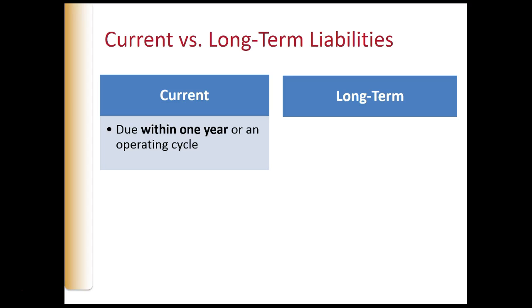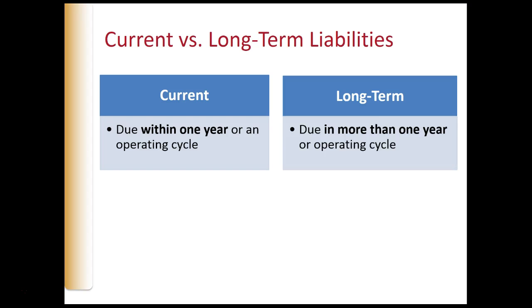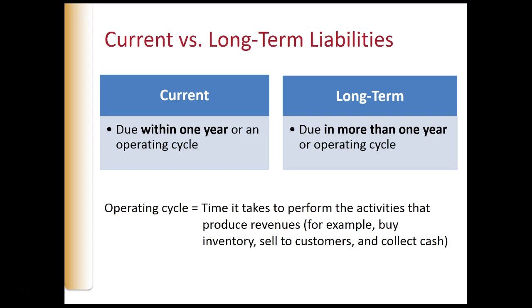So in a classified balance sheet, we categorize liabilities as either current or long-term. In most cases, current liabilities are payable within 1 year, and long-term liabilities are payable more than 1 year from now. Current liabilities are usually, but not always, due within 1 year.